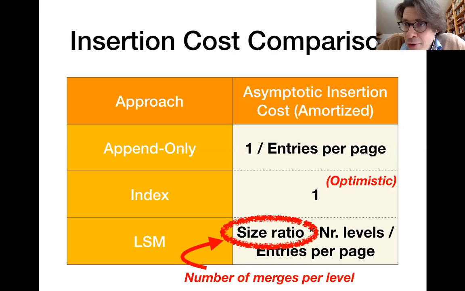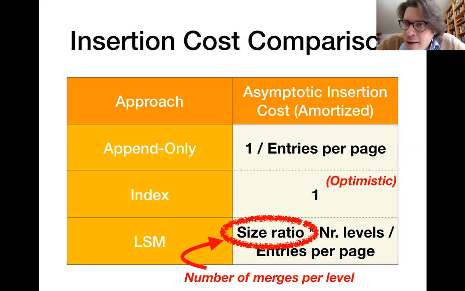And we have also seen that the same tuple might start its journey in one of the top levels, but then it might descend more and more into lower levels. So perhaps I don't have to merge a tuple only on one level, but I have to merge it on multiple levels. That's why I'm multiplying by the number of levels.